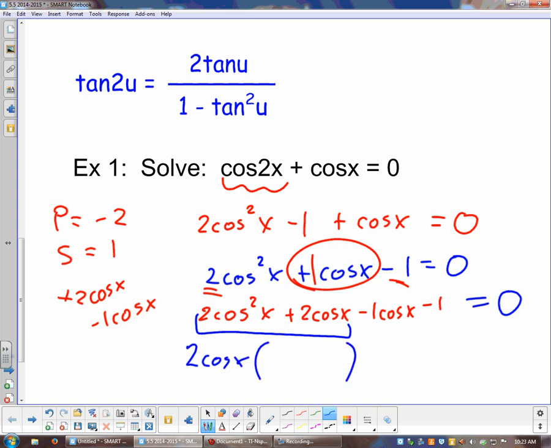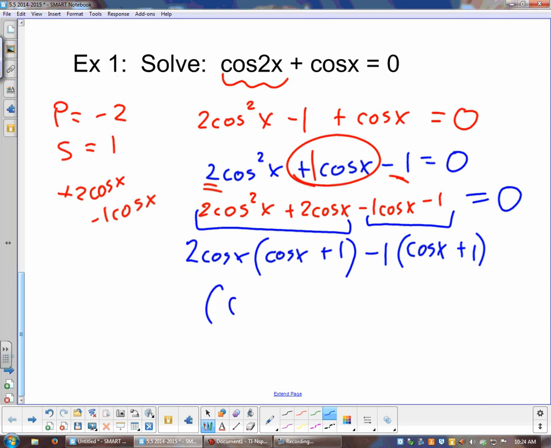Negative 1, and I'll have left cosine x plus 1. Since I have the same thing in parentheses, I can rewrite that one time, so I have cosine x plus 1 times 2 cosine x minus 1 equals 0. Agreed? Do you know what to do next? Set them each equal to 0.